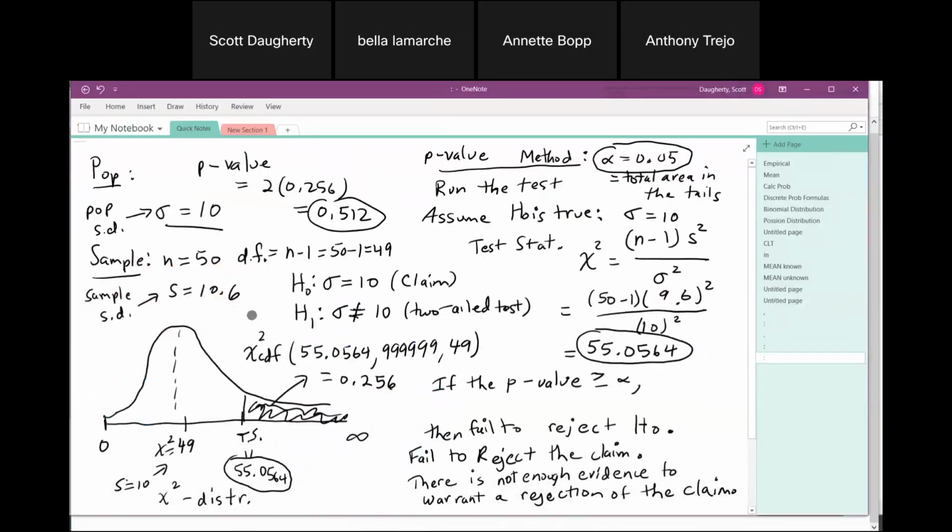Okay, one other thing, and then I guess we can call it a day. If you happen to make a mistake here, this is pretty common, like I said.